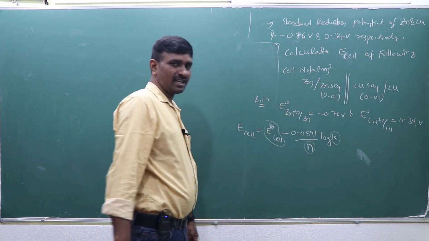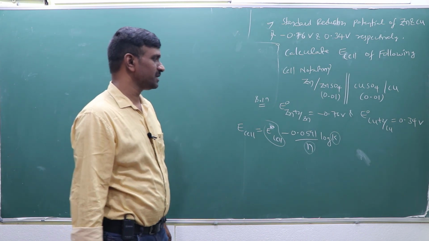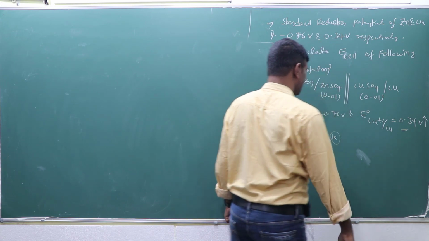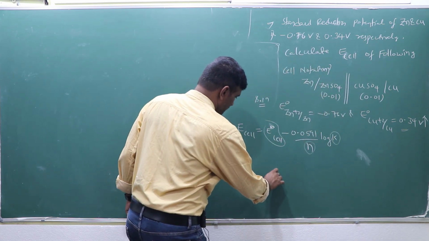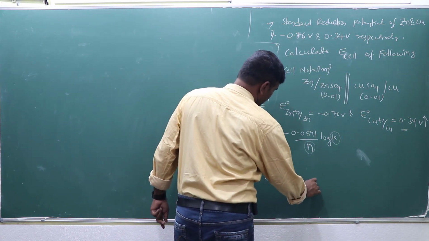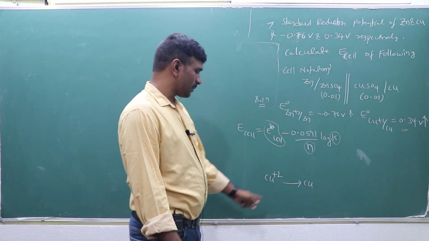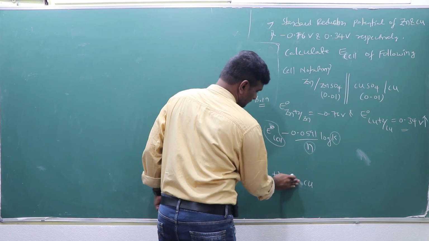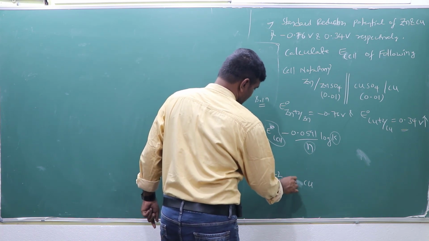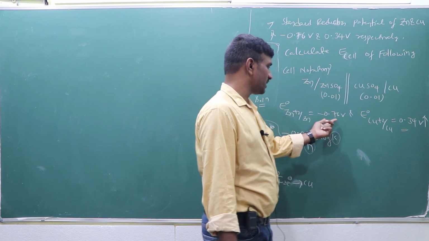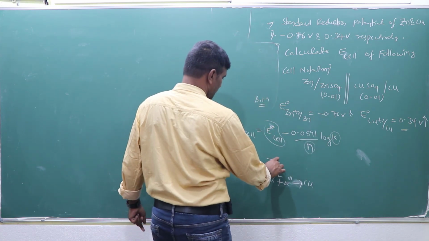Now based on the given two values, which one undergoes reduction reaction, which one undergoes oxidation reaction. The one with more reduction potential undergoes reduction. That means Cu plus 2 plus 2 electrons goes to Cu. I can write the reaction. Next, the one with less reduction potential undergoes oxidation.